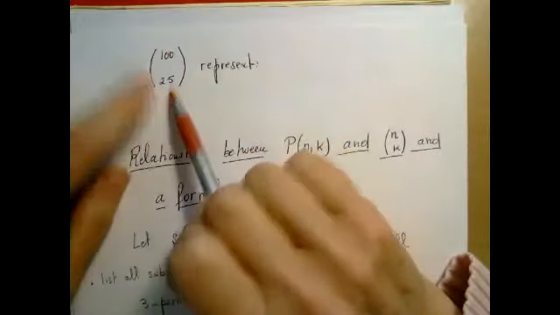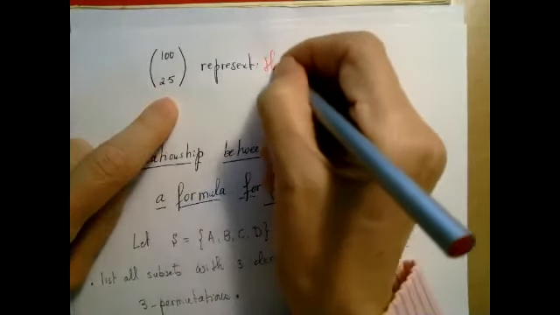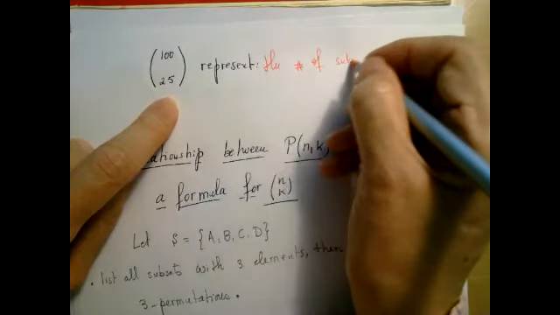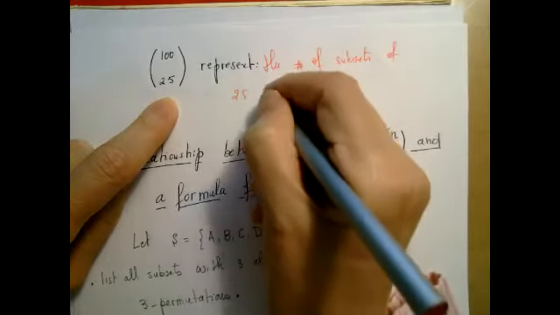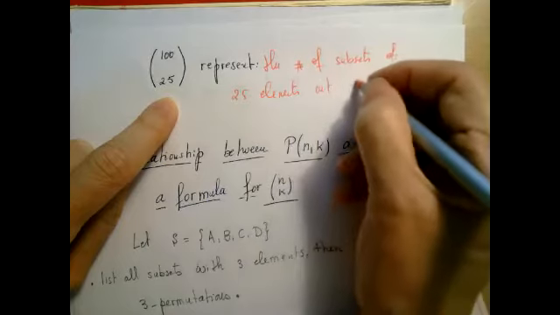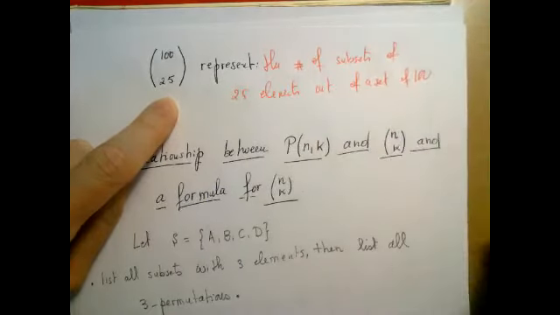So, what does 100 choose 25 between parentheses mean? That represents the number of subsets of 25 elements out of a set of 100 elements.